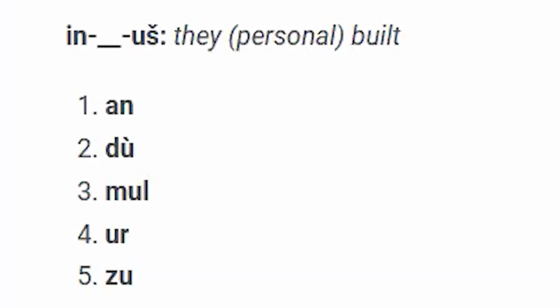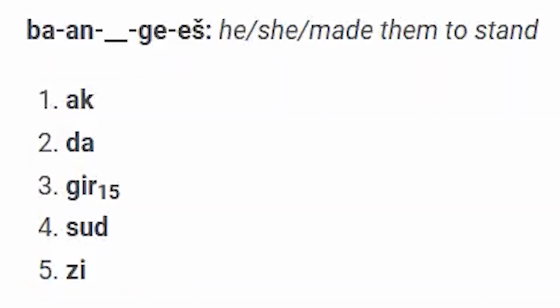They, personal, built it. Is it inanush, induush, inmulush, inurush, or inzuush? Or he, she made them to stand. Is it ba'anak geesh, ba'anda geesh, ba'angir geesh, ba'ansud ge'esh, or ba'anzi ge'esh?